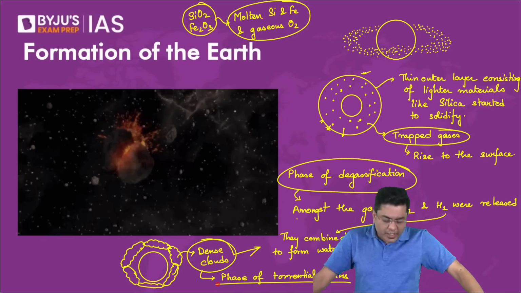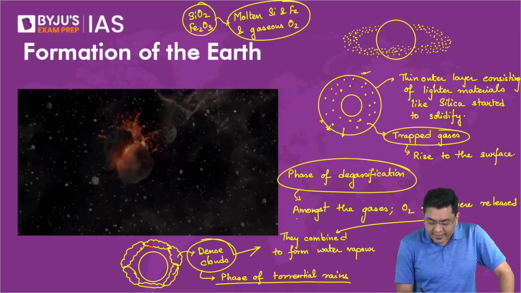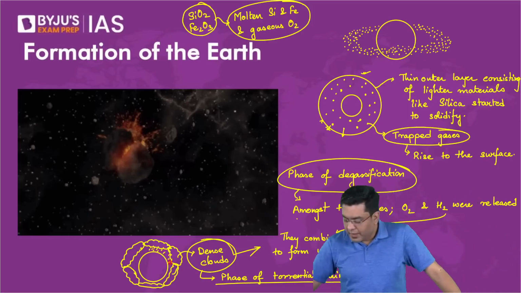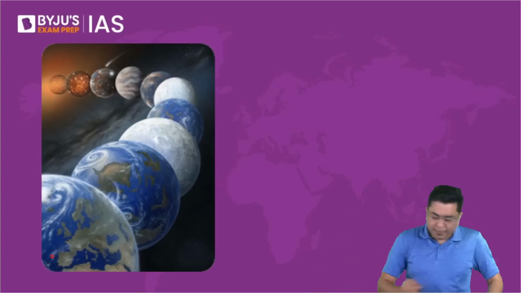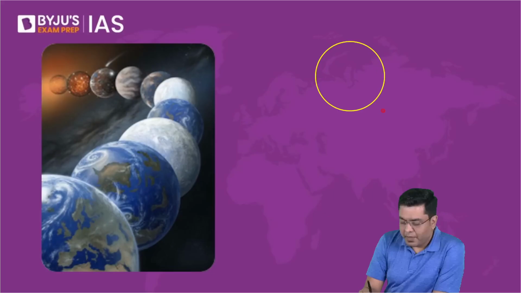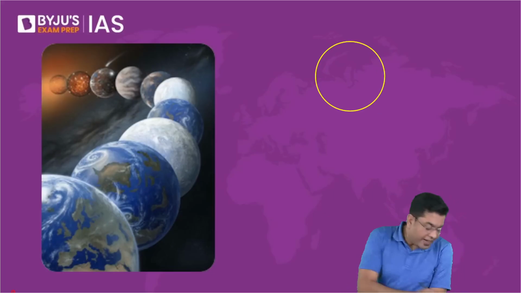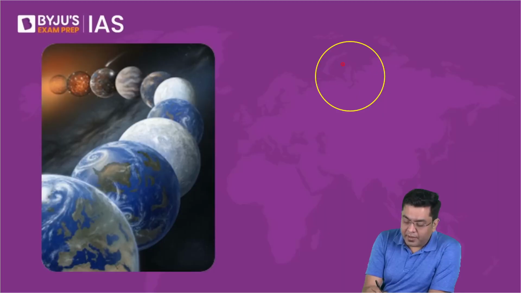Phase of torrential rainfall. This is the phase of torrential rain, when you had a lot of dense clouds that brought about heavy rainfall. Okay. Now, after this, we further develop this concept. So here you have the planet which has cooled down.